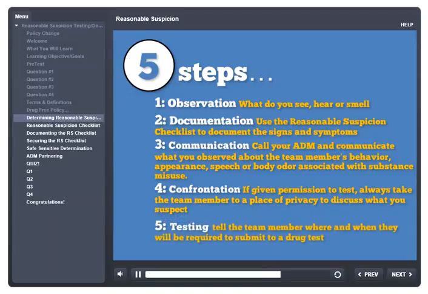Step 5. Testing. Tell the team member where and when they will be required to submit to a drug test. Remember, your suspicions must be based on your specific observations. You should be able to explain what you see, hear, or smell, both verbally and in writing.